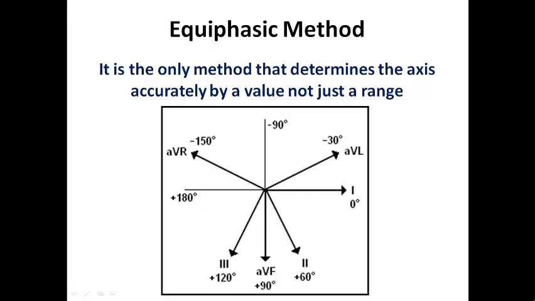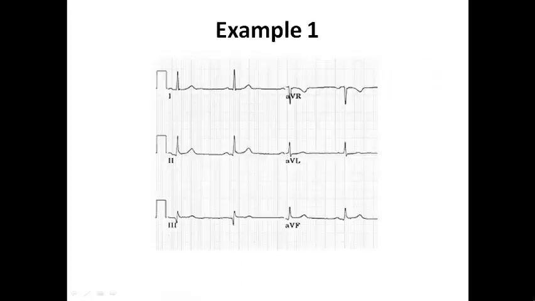So we have ranged here the methods for determining the axis: the quadrant method, which was the simplest way that could be used by anyone in order to determine whether the patient has left, right, normal, or extreme axis. We use the three-lead method, which is much more accurate, in order to differentiate the physiological from pathological left axis deviation, and the equiphasic method, which gives you a value for the axis, not just a range.